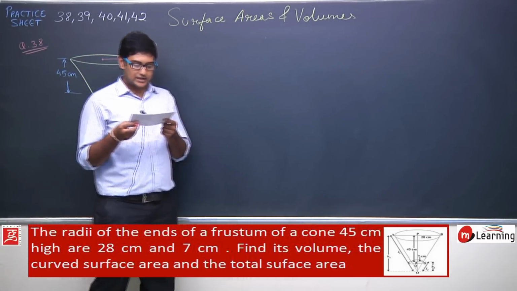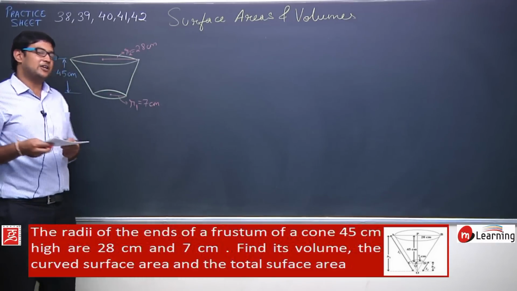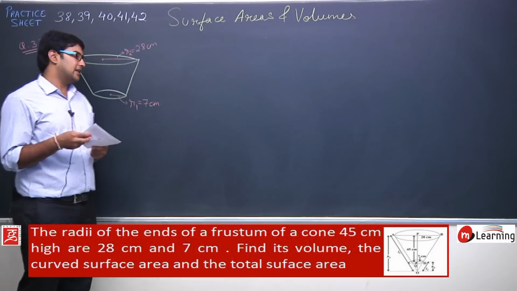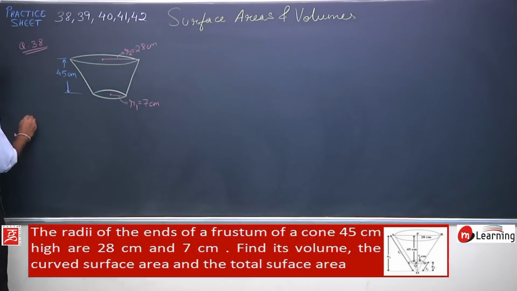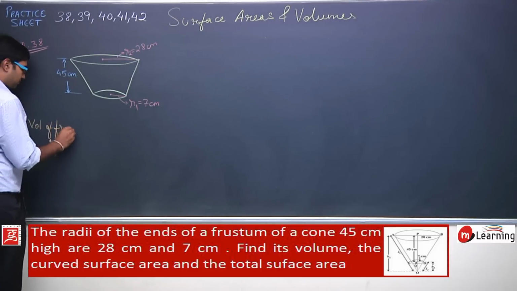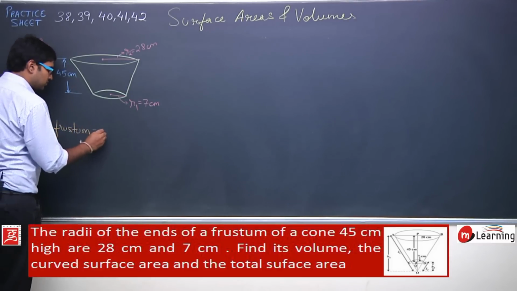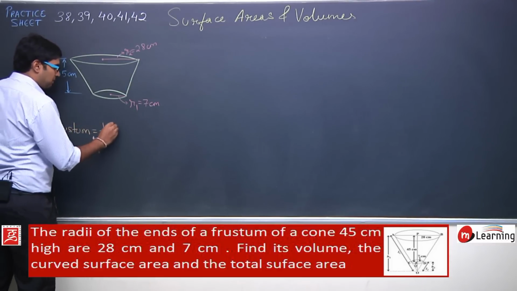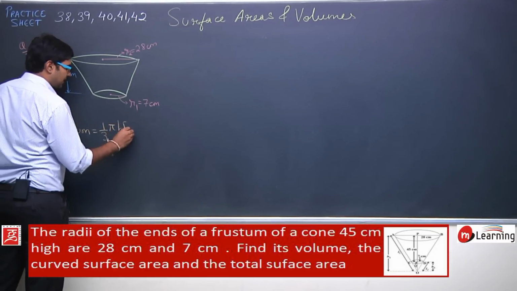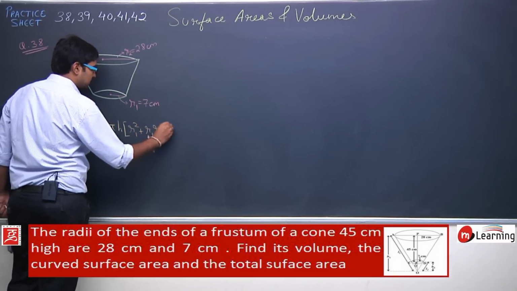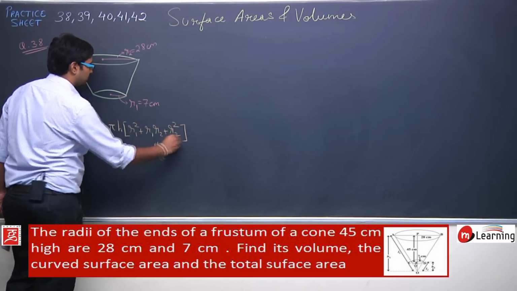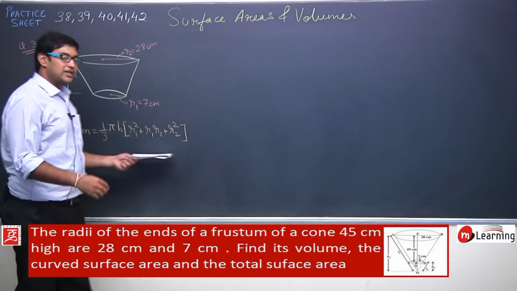Now it says find its volume. So the first thing that we need to determine for this frustum is its volume. What is the formula for volume? Volume of frustum is equal to 1 upon 3 pi h times the bracket r1 square plus r1 r2 plus r2 square. You can use either formula.